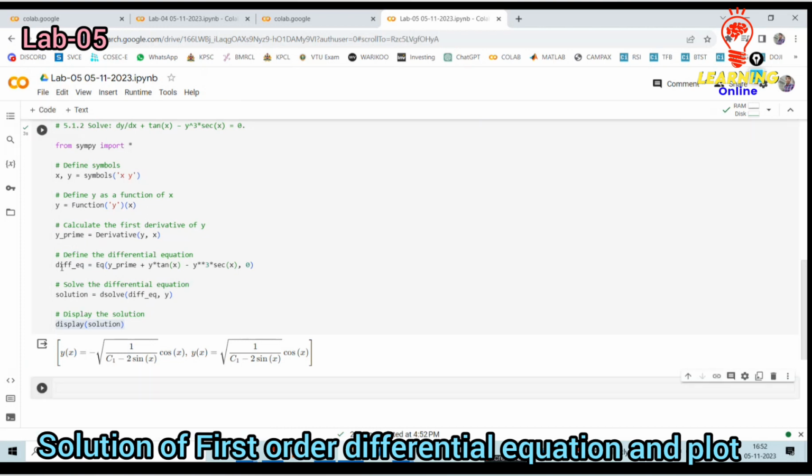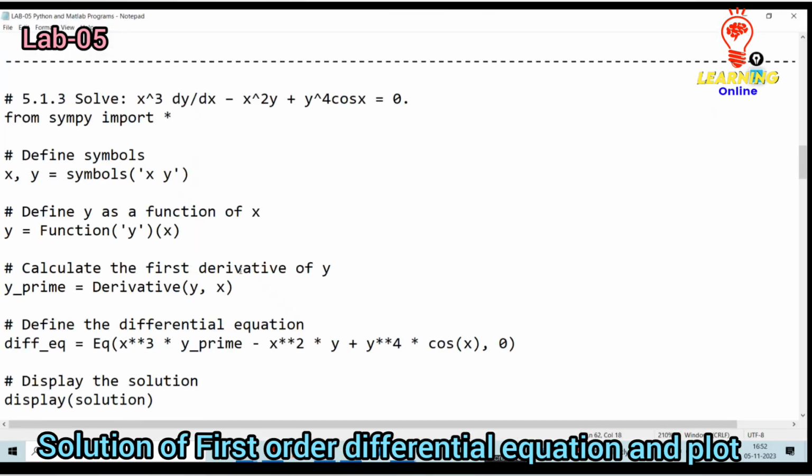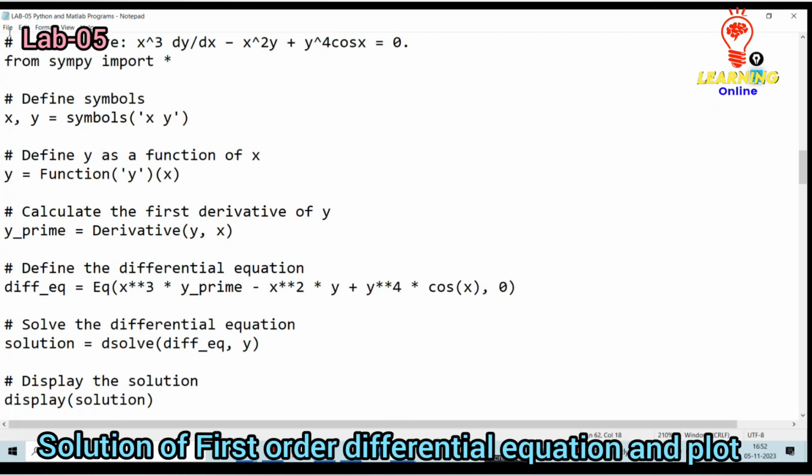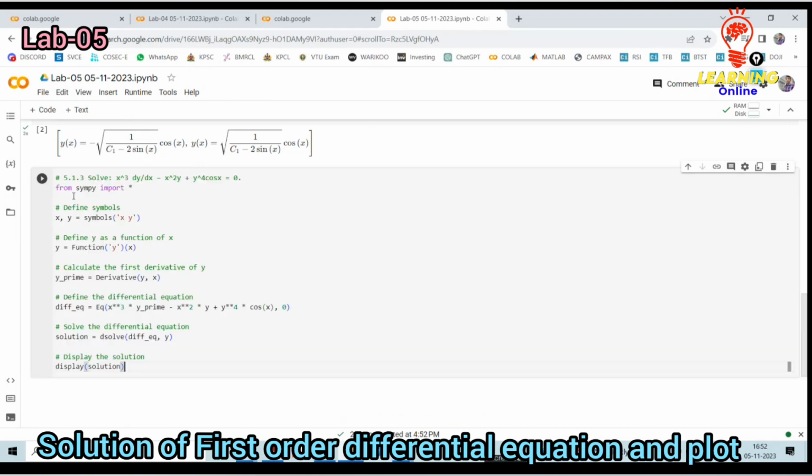Later I will go for new code. Here also there is a different expression: x cube into dy upon dx minus x square into y plus y raised to 4 cos x equal to 0.